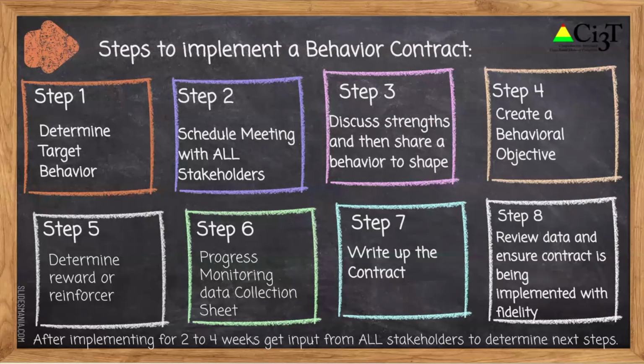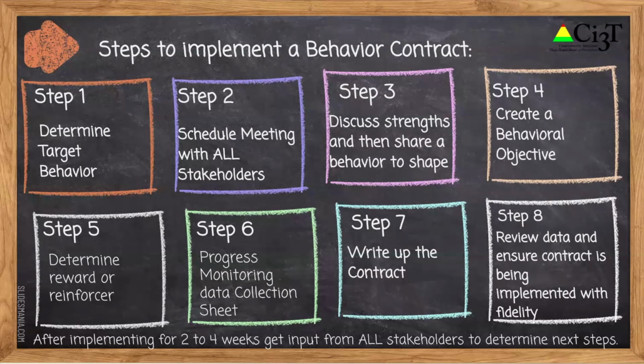Or is it duration? How long does the behavior occur? How long does that behavior last? So gather that data and have it available so that you can make decisions based on the data that you've collected. So the second step is to schedule a meeting with all parties, with all stakeholders.